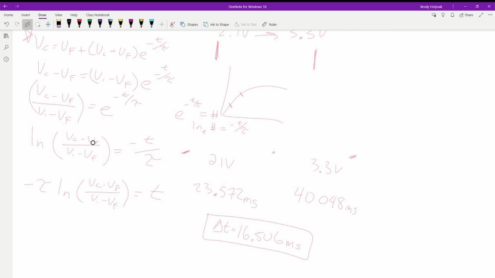The whole idea is just learn how to manipulate this equation to get whatever you need out. If you had the voltage of your capacitor, your final voltage, your time, your R and your C, you could find out what this thing started out as. You could find out how far this capacitor was going to charge to based on what it got to, how long it took, and what it started out as.